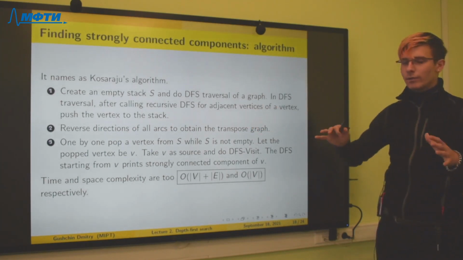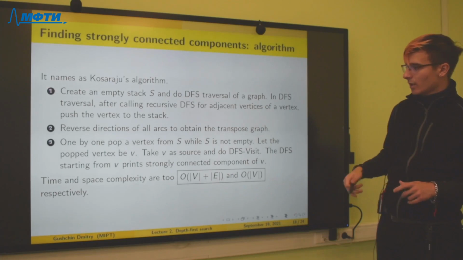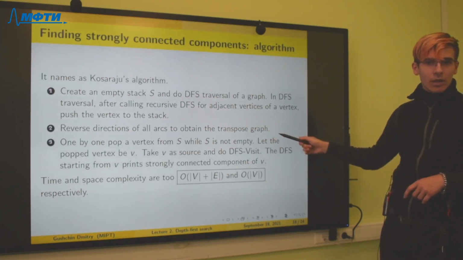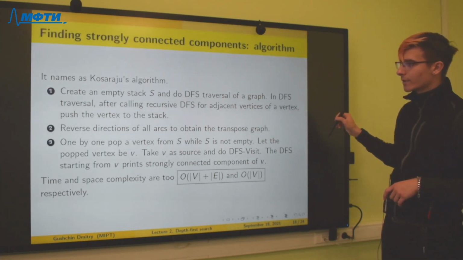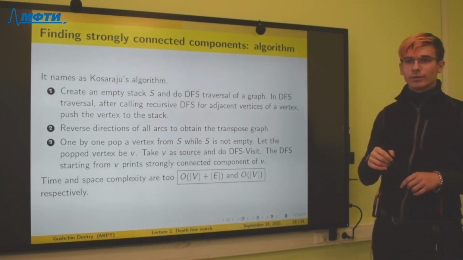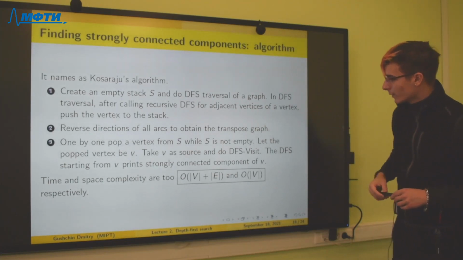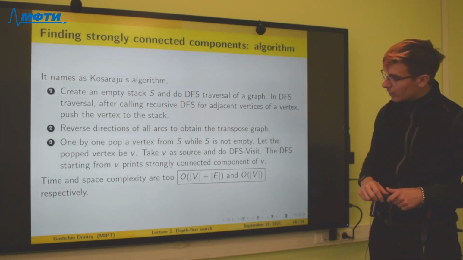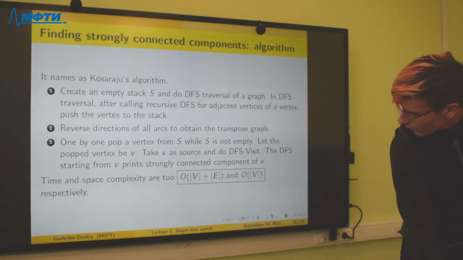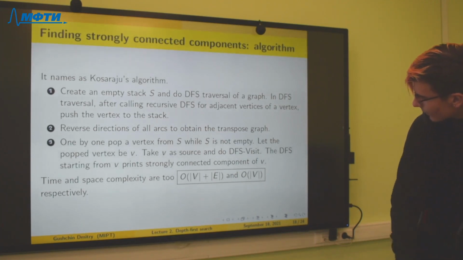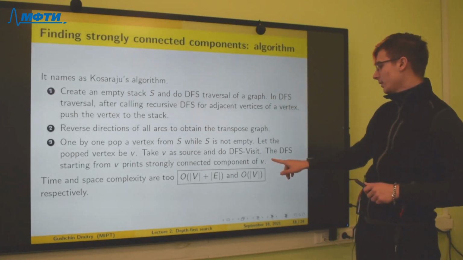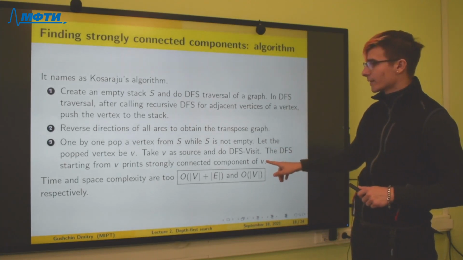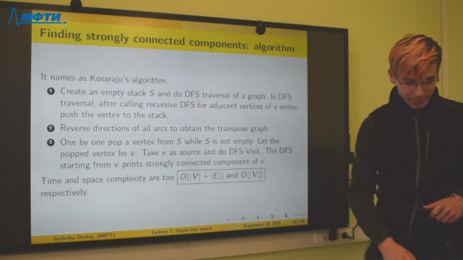All vertices that we can reach in the new graph with reversed edges will be in the strongly connected component of the vertex that we visited last. And then we repeat this algorithm for each vertex that we didn't visit in the DFS.